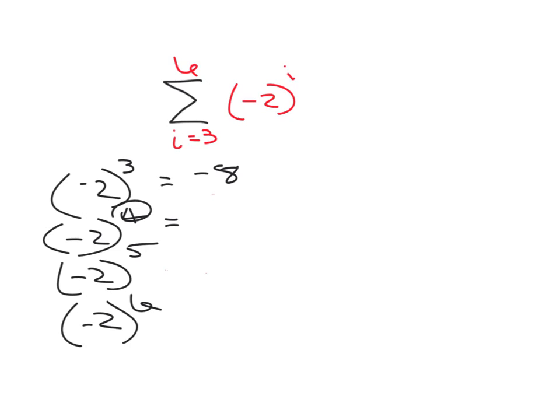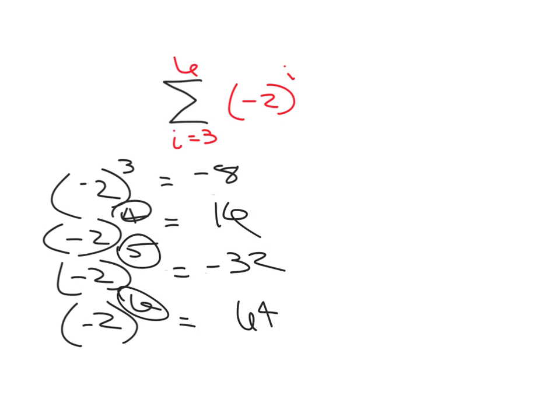So this is going to be a positive 16, because this is an odd number. My answer is going to be negative, and I'm going to take 2 to the 5th power and get 32. Because this is an even number, I'm going to take 2 to the 6th power, which is 64, and it will be positive. Okay, you don't have to do it that way. That's just a quick and easy way.